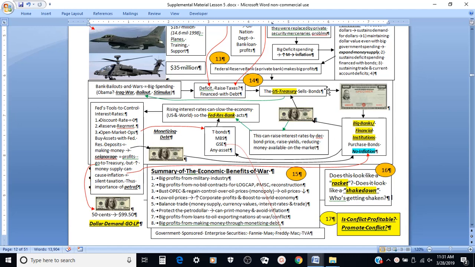Yet the return rate, the coupon rate, is constant. So if you print more bonds, you saturate the market with bonds, increasing the supply. That drives down the price of these bonds. Now, given the fact that the return on these bonds is constant, that means the yield rate actually goes up. So more bonds drives up their yield rate. It's these big banks, financial institutions, maybe central banks, who purchase these with dollars.